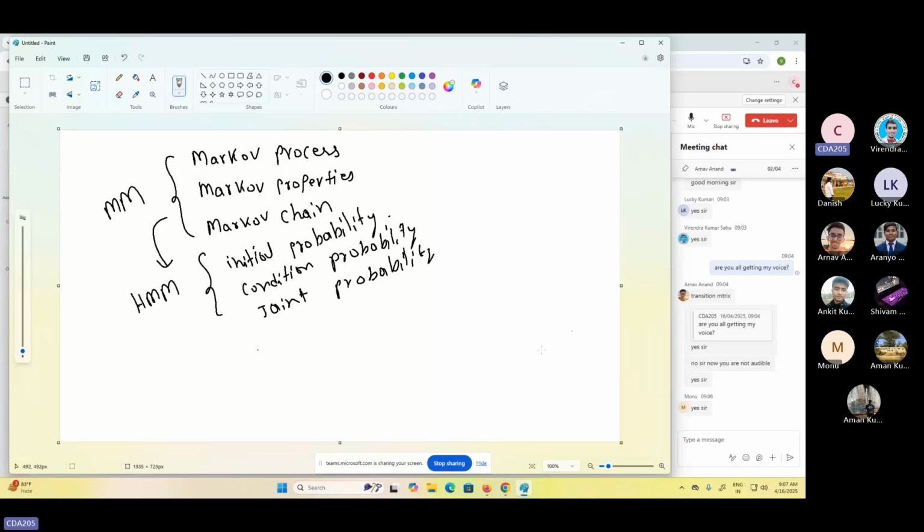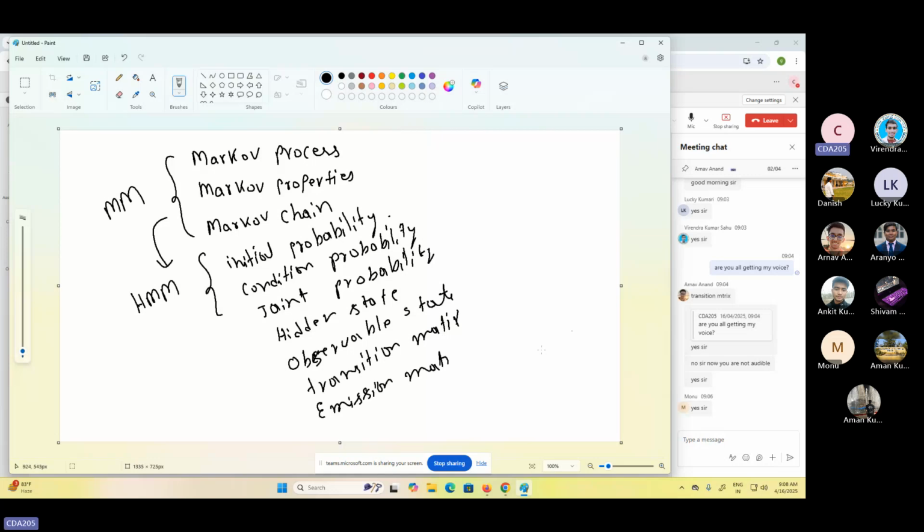Then we saw the hidden state, observable state, then the transition matrix, then the emission matrix.